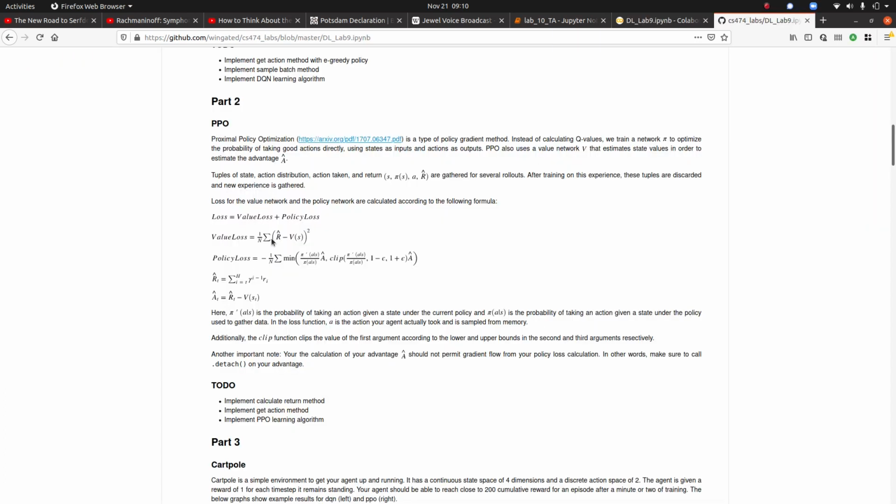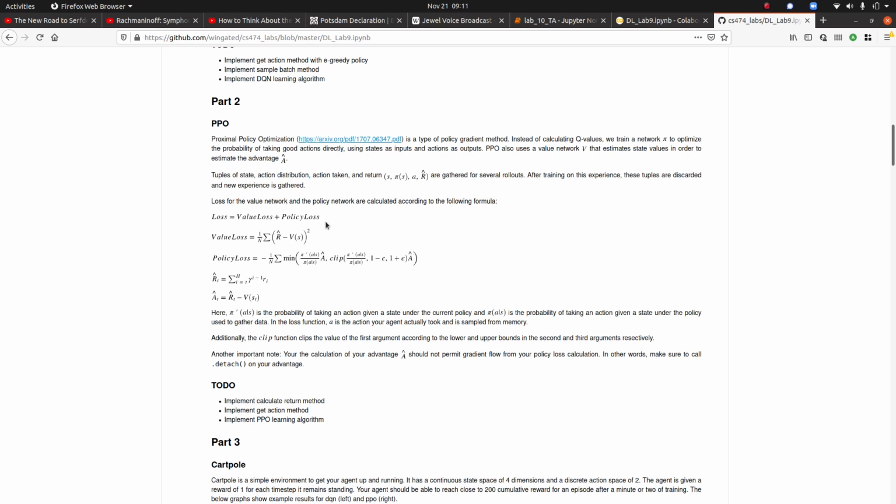Okay, so here are the losses for the PPO. We have already calculated this equation here, so no need to worry about that. What we need to calculate is this monstrosity and this monstrosity. Actually, this one's not a monstrosity. This one's pretty simple. This is 1 over n, a mean of the sum of the difference squared.